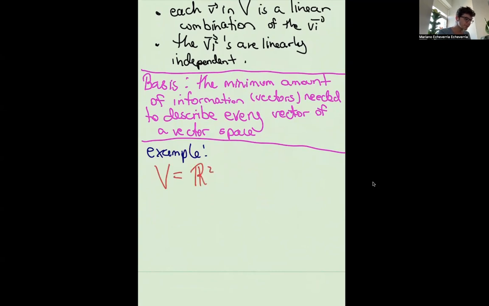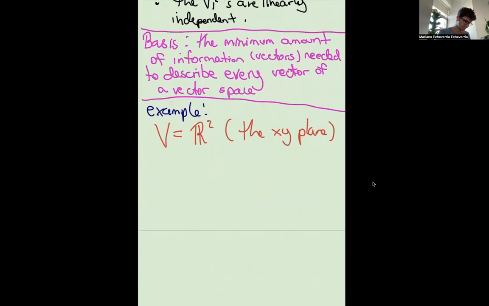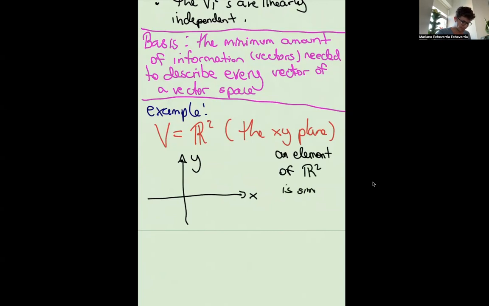What is R2? R2 is just the name for the XY plane. So an element of R2 is simply a vector on the XY plane.